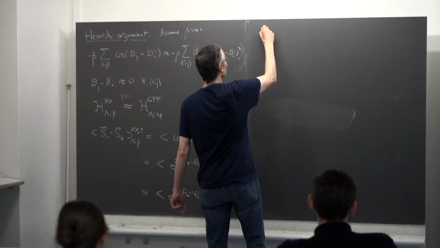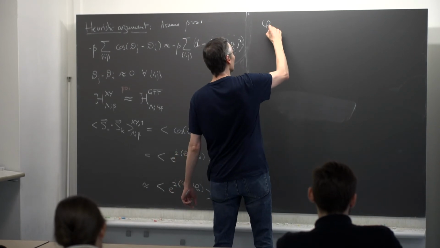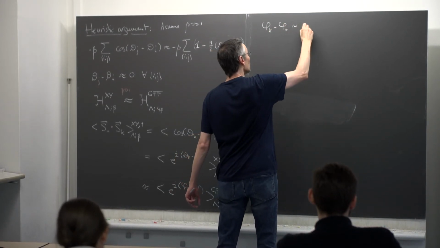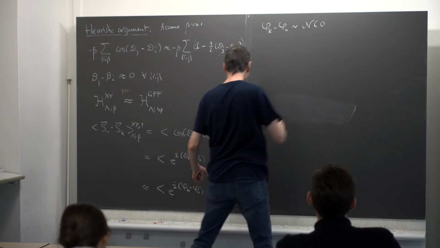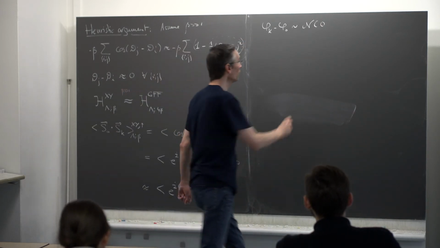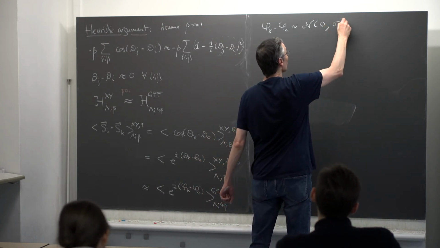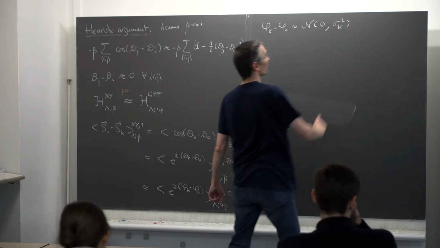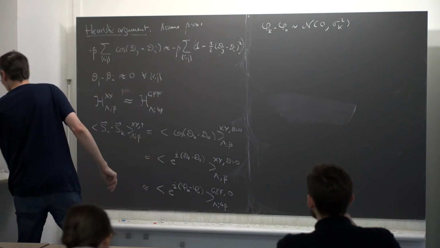So phi k minus phi 0, it's easy to check that it's a Gaussian random variable. It's of mean 0 because the mean of the field is 0, and it has some variance. Let me call it sigma square k, it depends on k. And actually you can compute it.